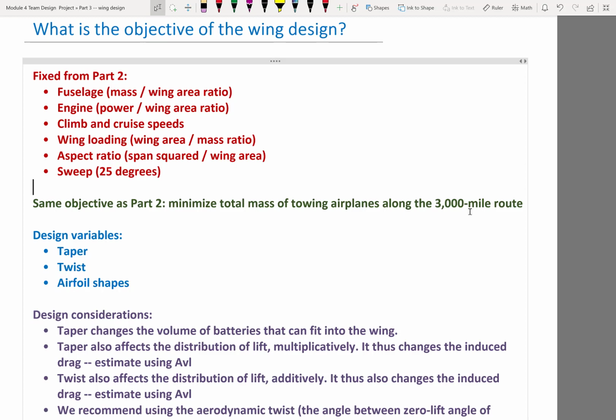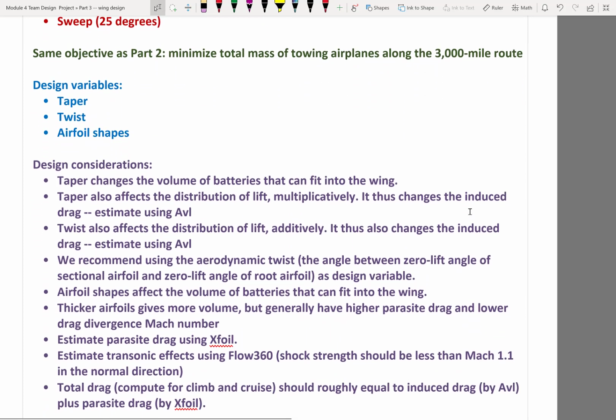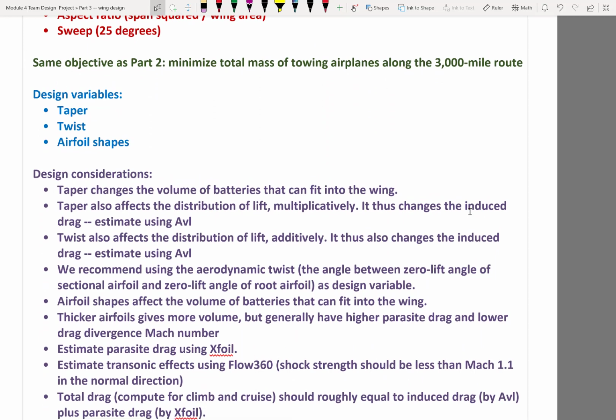All right. Twist is another thing that changes the distribution of lift, but in a different way. It changes the lift in what I call an additive way. So if you increase the angle of attack locally of just a certain cross section, right, it adds something to the lift coefficient.